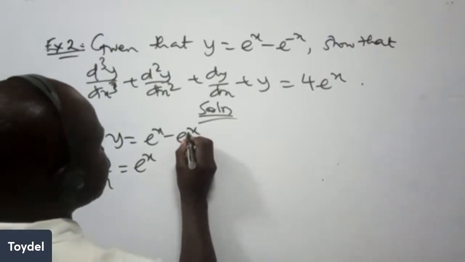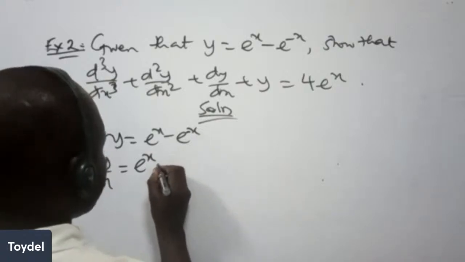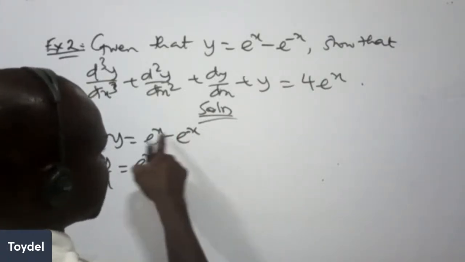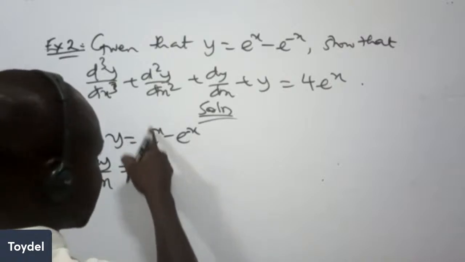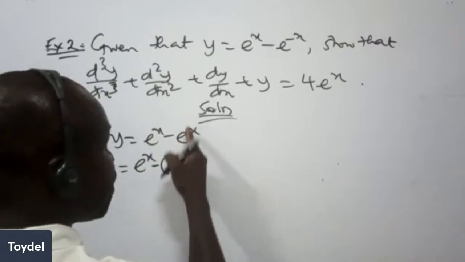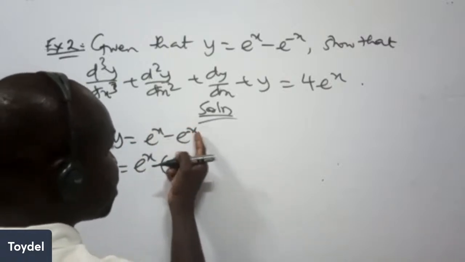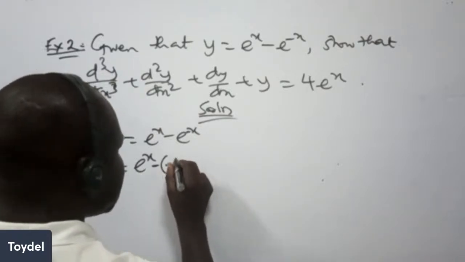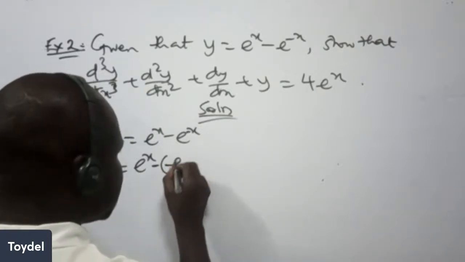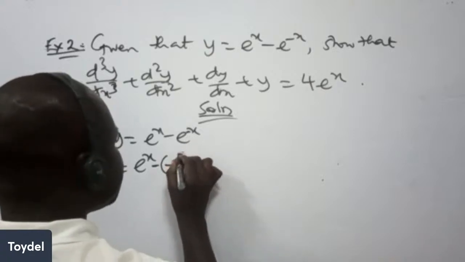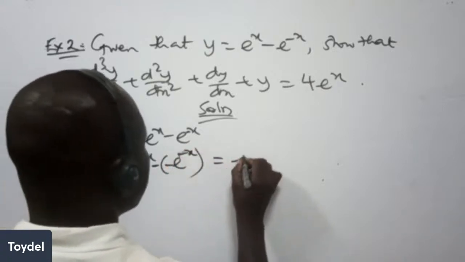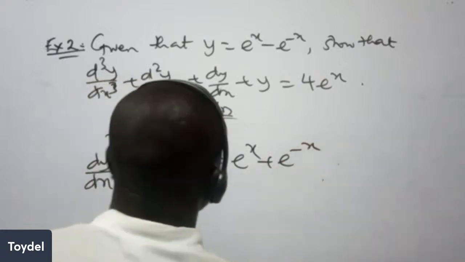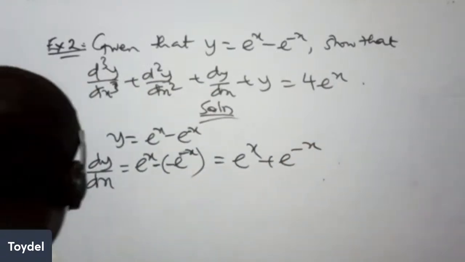Then this is minus, and the coefficient of x here is minus 1. So if I differentiate minus x, I'm going to get minus 1. That will be minus times minus e^(-x). At the end of the day, I will have e^x, minus times minus is plus e^(-x). That's what we are going to get as the first derivative.